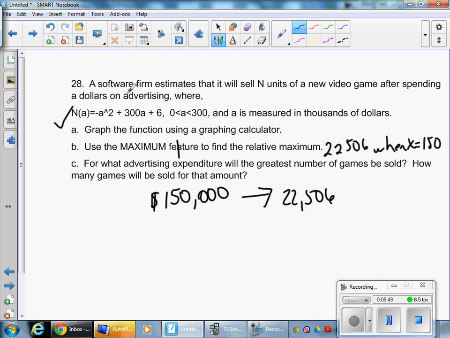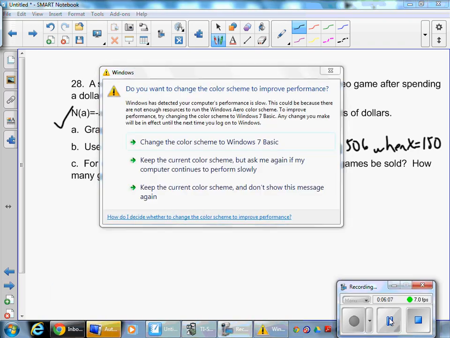Notice the input is your advertising dollars in thousands, so that's my A. And then my output is how many games we are selling. 22,506.